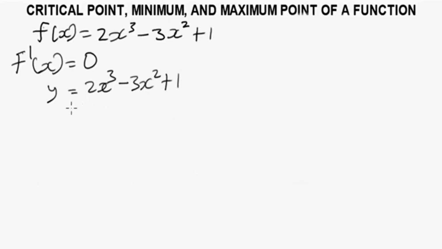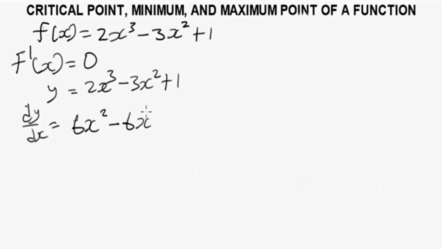Since at a critical point f prime of x equals 0, that's the first derivative, dy/dx equals 0. So the derivative of this function, dy/dx, when you differentiate, you're going to have 6x squared minus 6x.